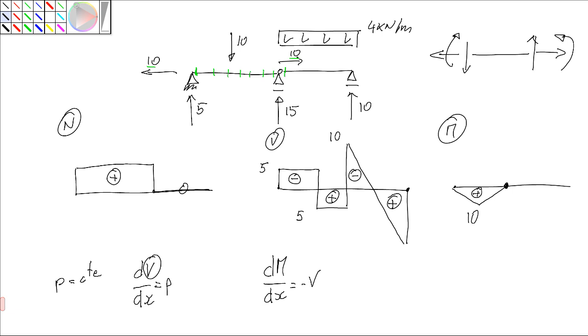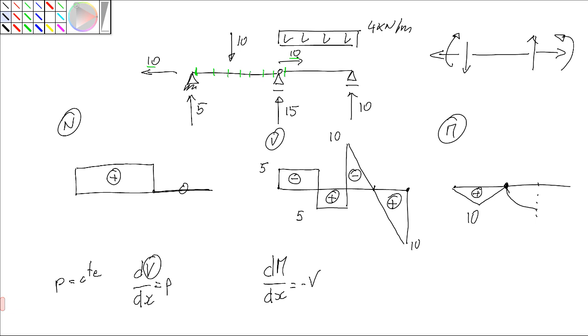Now in this part, V is linear, meaning M is parabolic. V is positive, meaning M increases, so it's going to increase till this point, which is at the middle, where V is 0, meaning that M does not increase or decrease. So it goes like this.